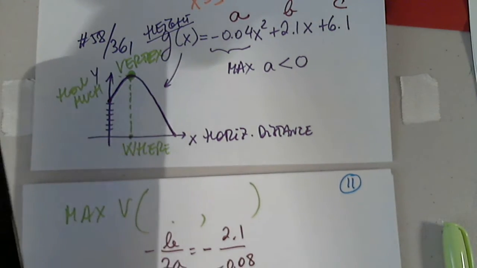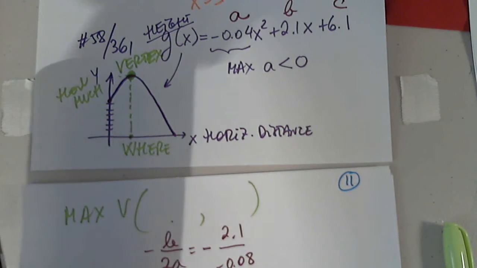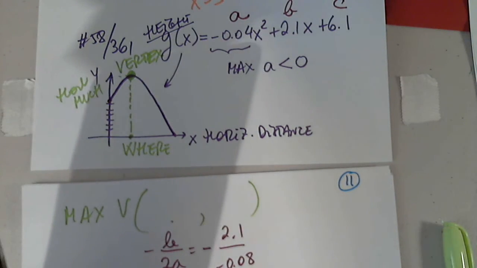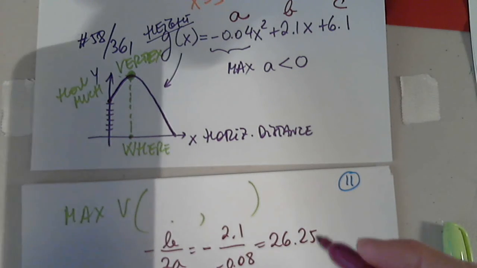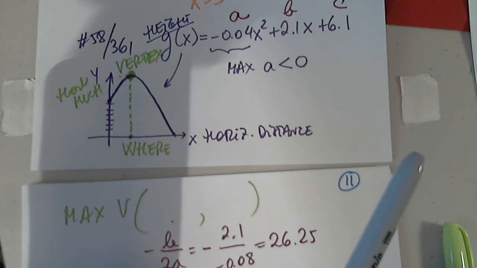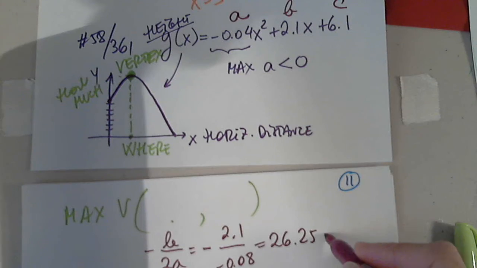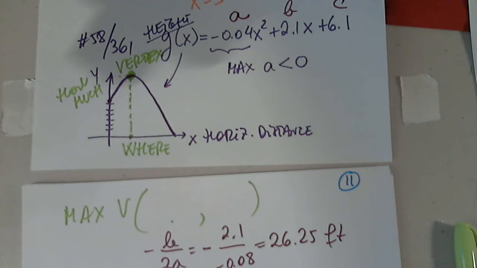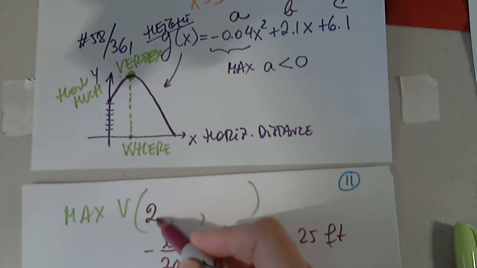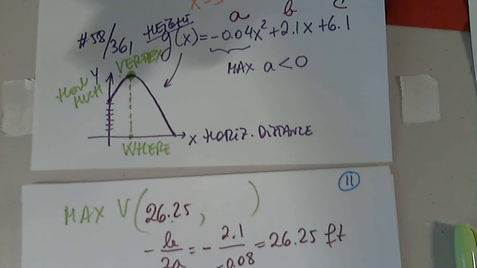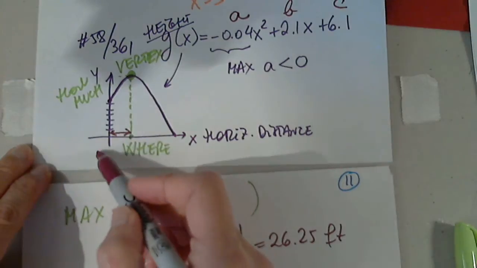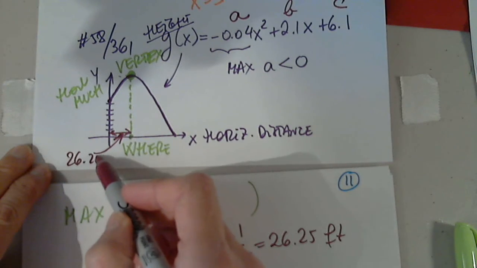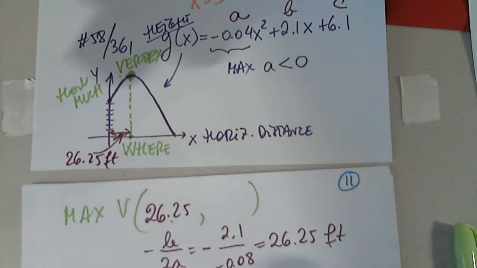So 2.1 divided by 0.08 is 26.25, and we want to make sure everything is given in feet. Perfect. So this is 26.25 feet. Good.